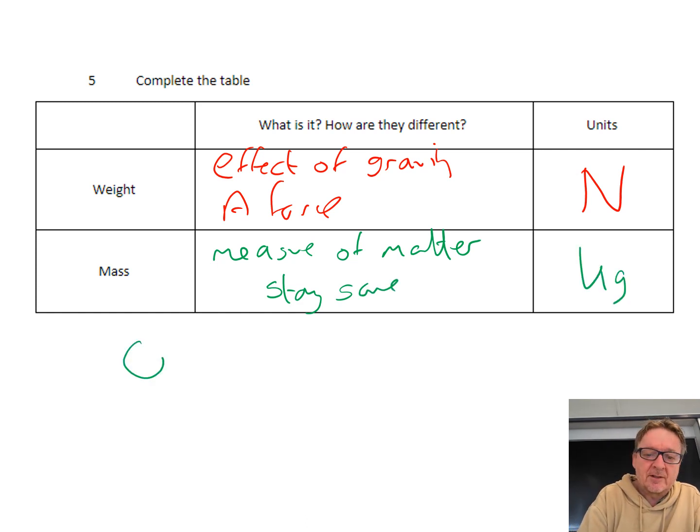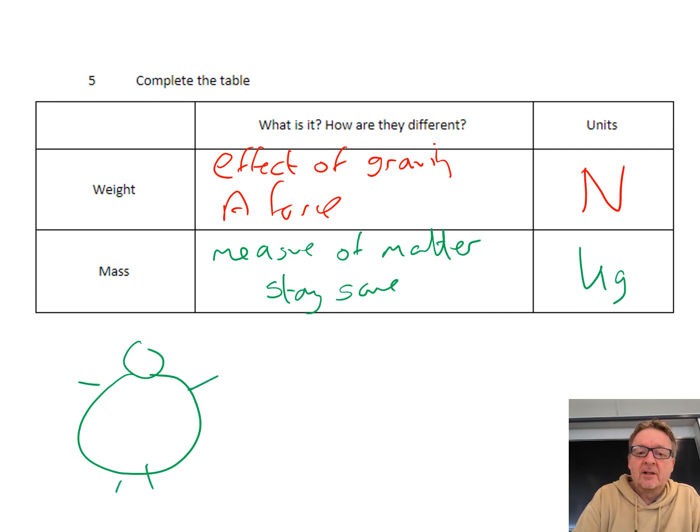I always like to do this. Here's a picture of me. If I am 100 kilograms, and I go to the moon, because it's my mass, my matter stays exactly the same. My mass on the moon is 100 kilograms. It doesn't change. Go to the sun, go to anywhere, it doesn't change.